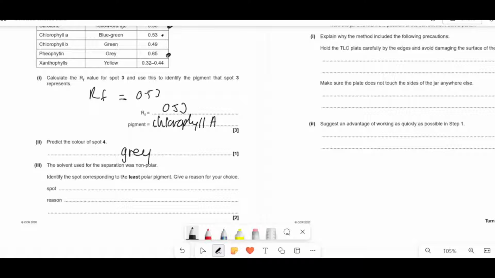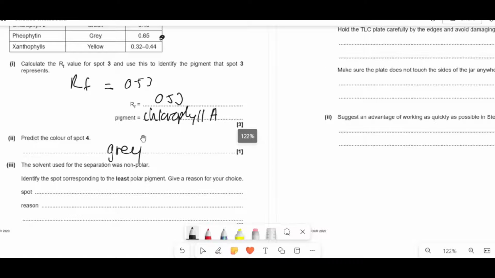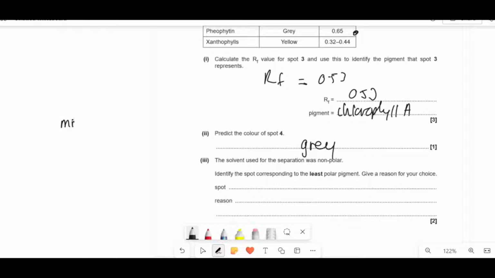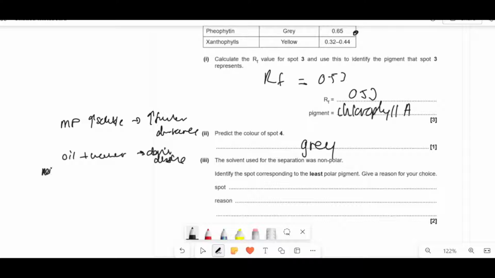Now it says the solvent used for the separation was non-polar. Identify the spot corresponding to the least polar pigment and give a reason for your choice. So the solvent, remember, is the mobile phase. If you're more soluble in it, it means you move further. If I mix oil plus water, they do not dissolve, because oil is non-polar and water is polar and they don't like each other.